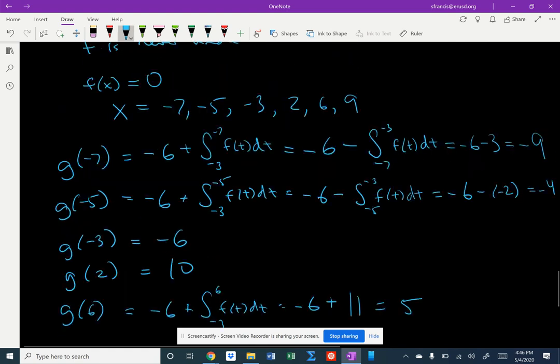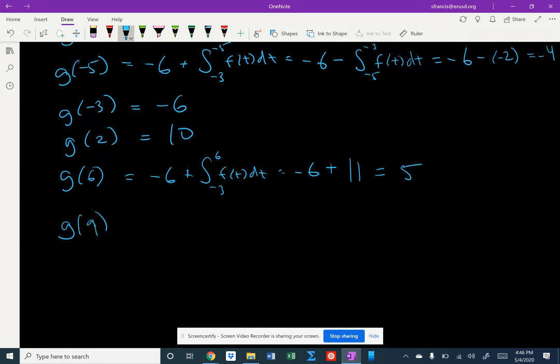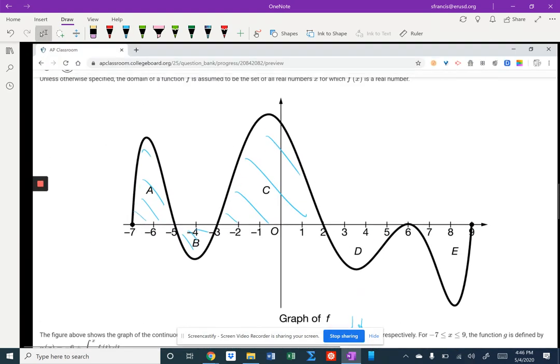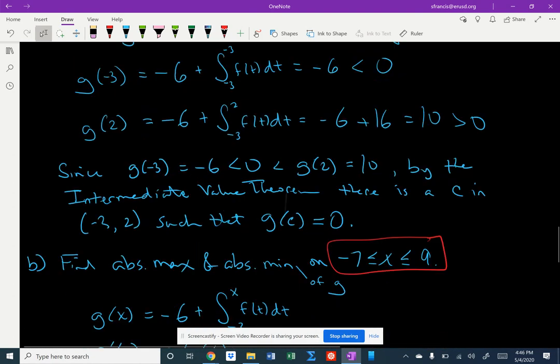And then I need, let me see, what else do I need? Just the endpoint, G of 9 is what I need. So -6 plus the integral from -3 to 9 of f of t dt. I wish I held this stuff in my head better, but we had the 16 minus 5, which gave us 11, and then E is -6, so 11 minus 6 is 5.